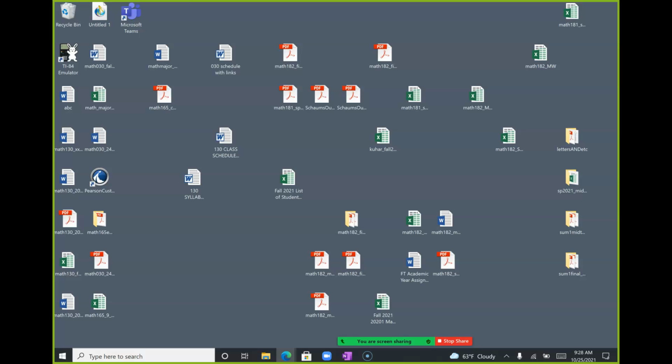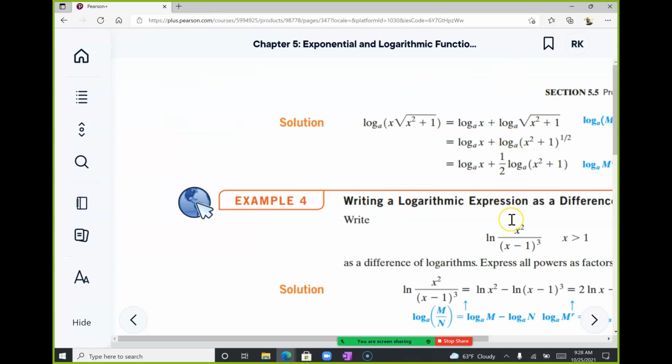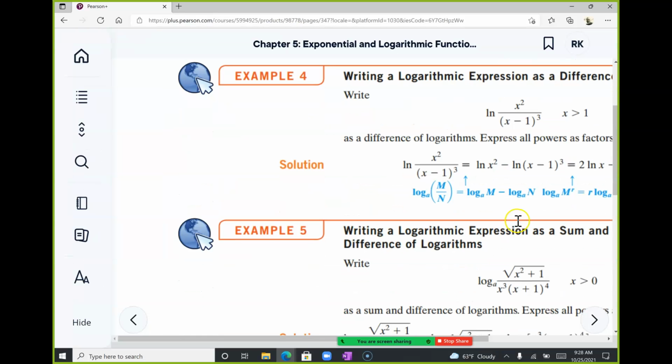So I'm just opening the textbook here to look at problems in 5.5. And of course, there's lots of examples, which is good to do. And they don't do anything like find the actual domain here, right?